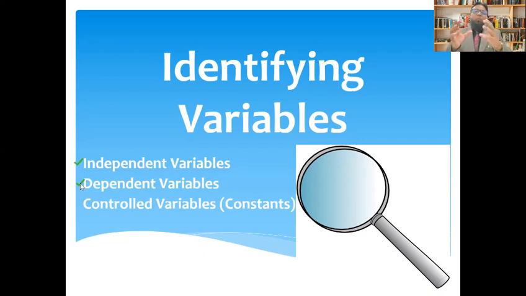The temperature is actually in your hand. You are changing the temperature, and based on the temperature, the active enzyme is being changed. So what is the independent variable here? Temperature is the independent variable, because you are changing it: you observe the chemical reactions at different temperatures.